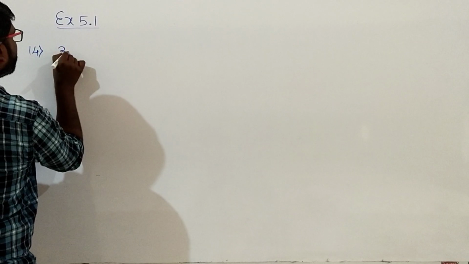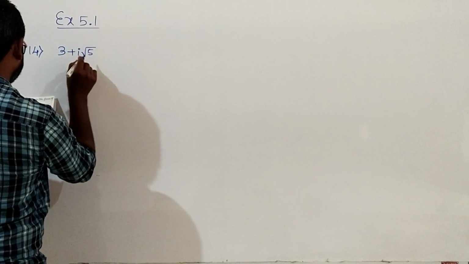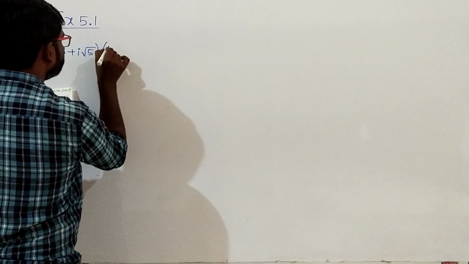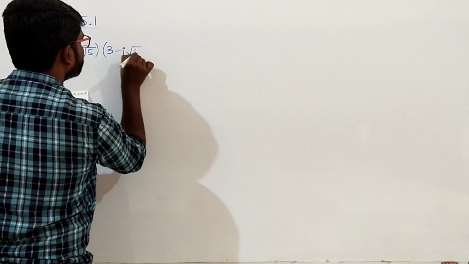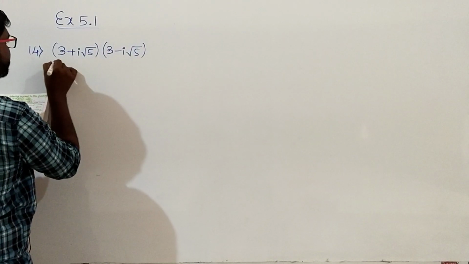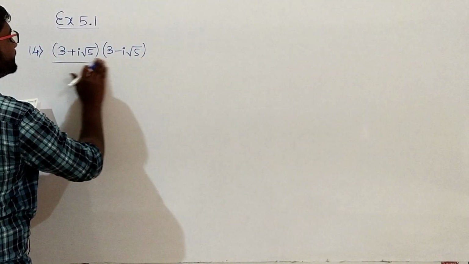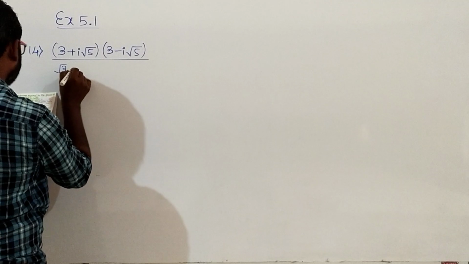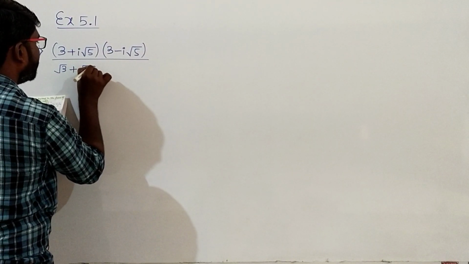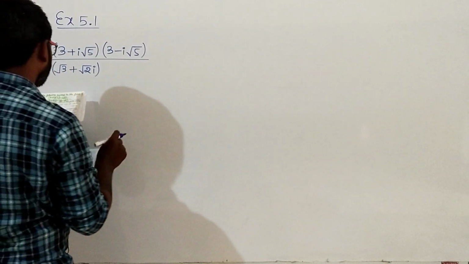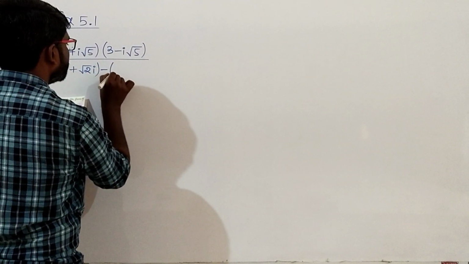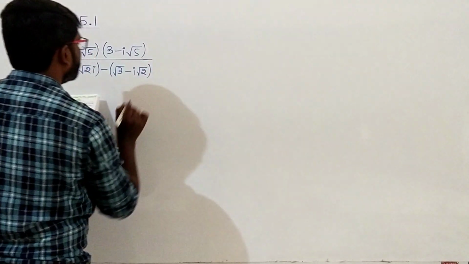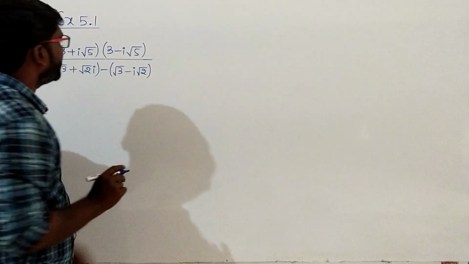It is 3 plus i root 5 into 3 minus i root 5, divided by root 3 plus root 2i, minus root 3 minus i root 2. So we have to express in the form of a plus ib.